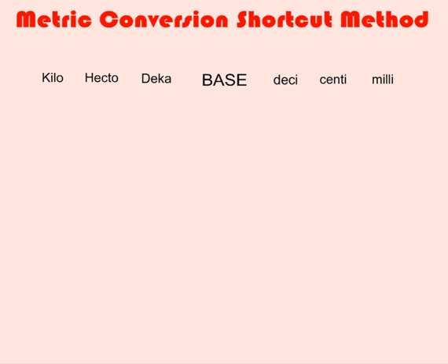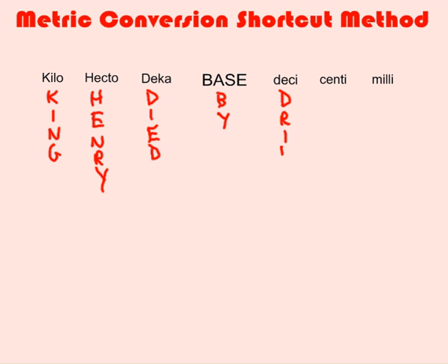The one that I use for kilo, we use the word king. For hecto, we use the word Henry. For deca, we use the word died. For base, we use the word by. So King Henry died by. For deci, we use the word drinking.